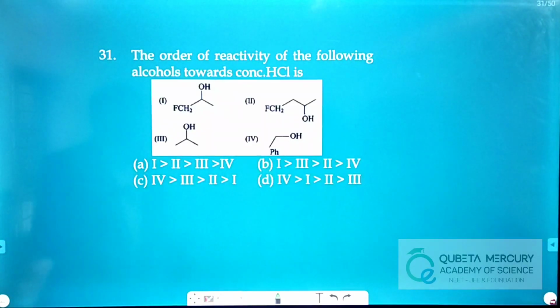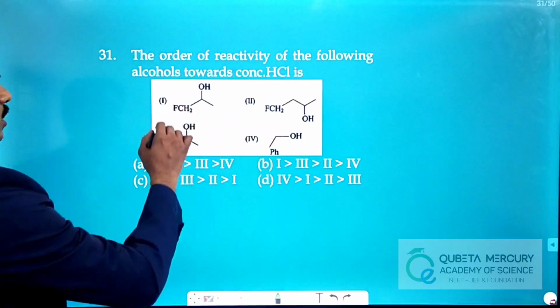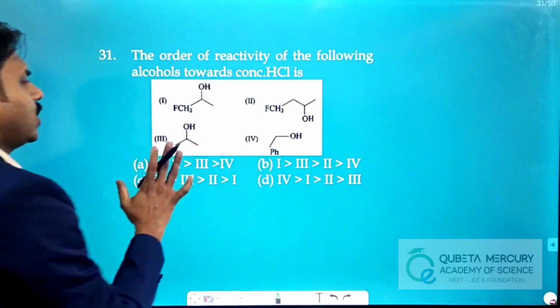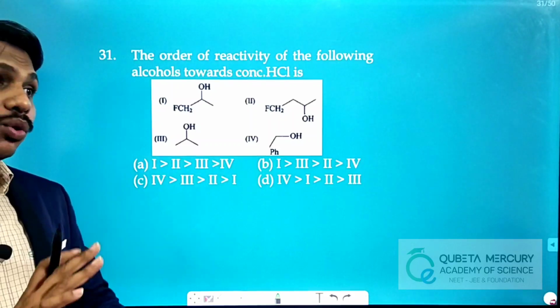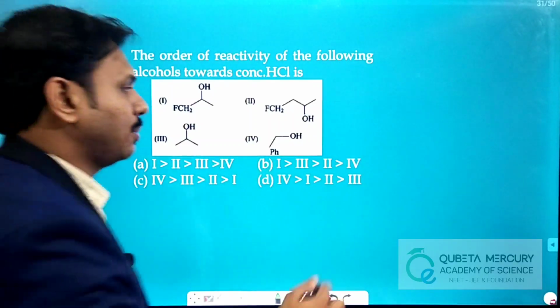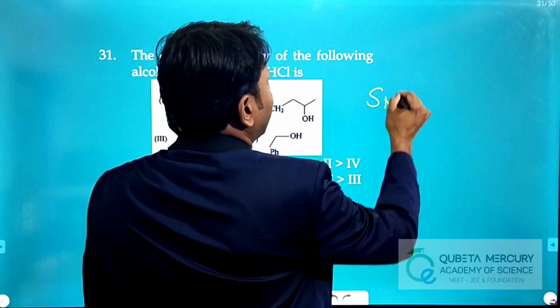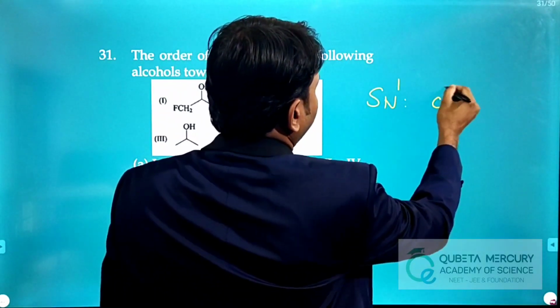Now an important question. The order of reactivity of the following alcohols towards concentrated HCl is... See, reactivity towards concentrated HCl means a nucleophilic substitution reaction that follows the SN1 mechanism. That means this reaction happens through the formation of a carbocation.